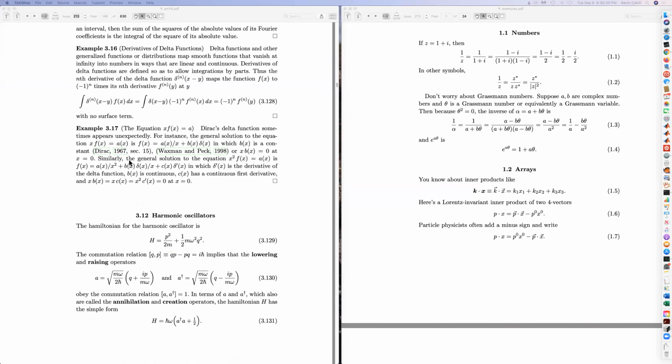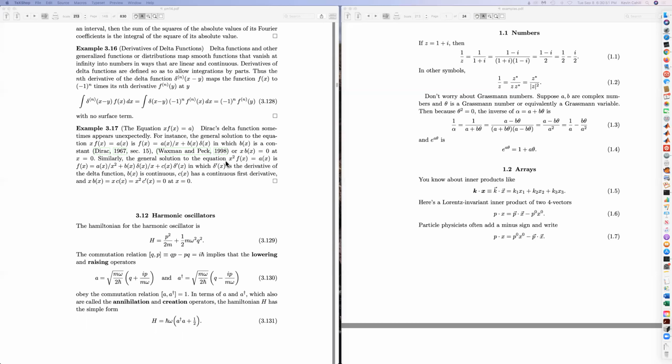And something that isn't so well known is that Dirac's delta function sometimes appears quite unexpectedly. For example, the general solution to the equation x f of x equals a of x is a of x over x plus b of x times delta of x, in which b of x effectively is a constant because it only is non-zero when x is equal to 0.